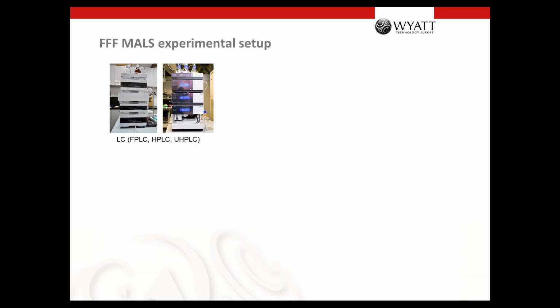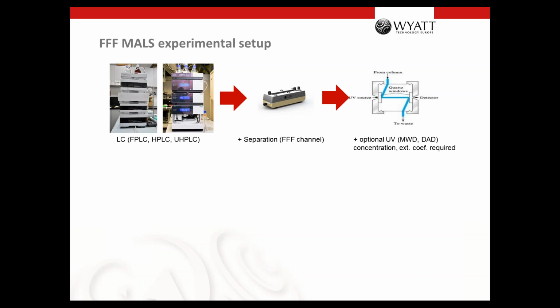When we go more into detail on the experimental setup, you can use different HPLC lines. So here are two examples with an Agilent and with a Thermo HPLC line. From the HPLC line, you have the Eclipse, which regulates the flow, and then the separation takes place in the FFF channel.